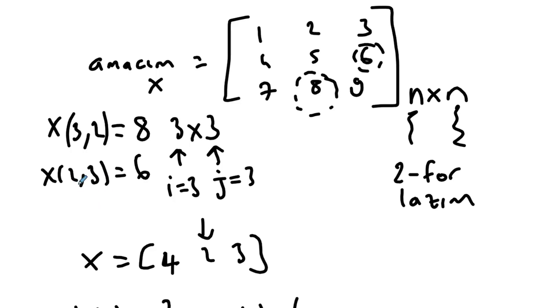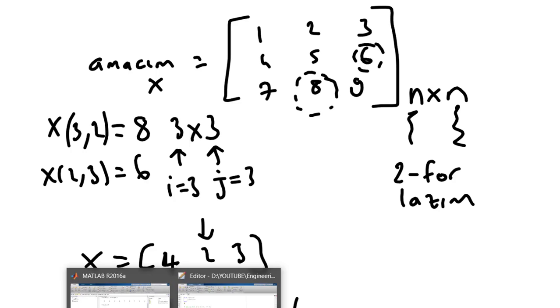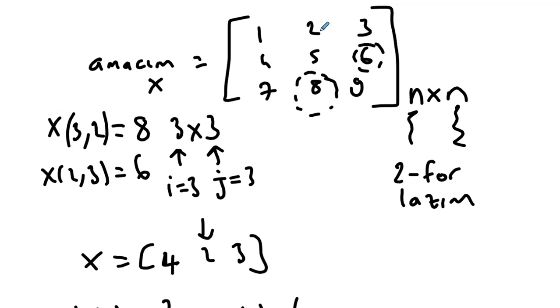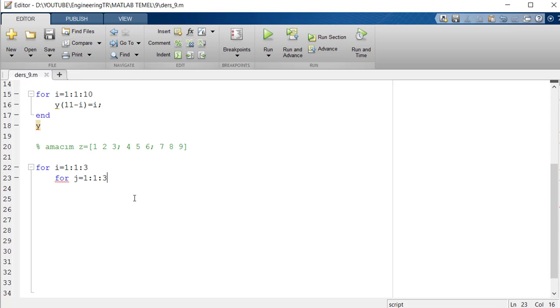Therefore, my aim is z equals 1, 2, 3, 4, 5, 6, 7, 8, 9. I will use the row and column. That is, I will say the first row, first column 1, first row, second column 2, first row, third column 3. How do we do it now that I think about it? I have defined a variable k specific to this matrix.